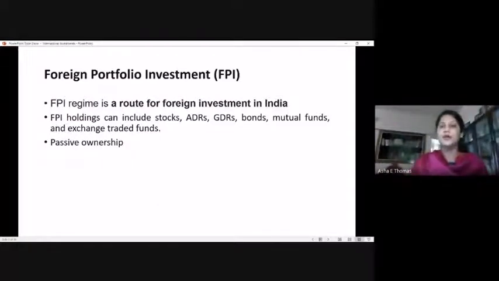That is why FPI is said to be passive ownership in foreign investment. As you can see, the influence of FPI will not be as evident as what happens with foreign direct investment.